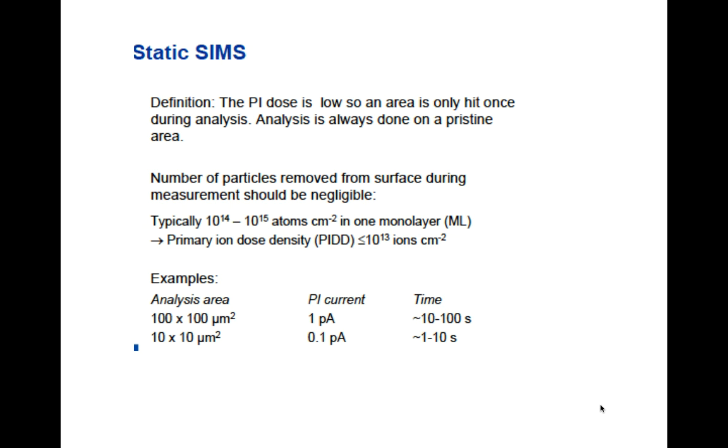So if you have an analysis area of 100 times 100 square micrometers, you have a primary ion current of 1 picoampere, and the time is 10 to 100 seconds. And if it is one order of magnitude lower, then it's 1/10 of a picoampere, and the time is also 1/10.